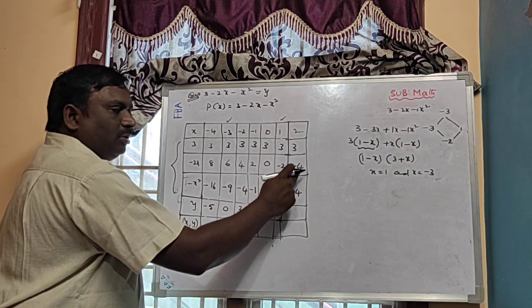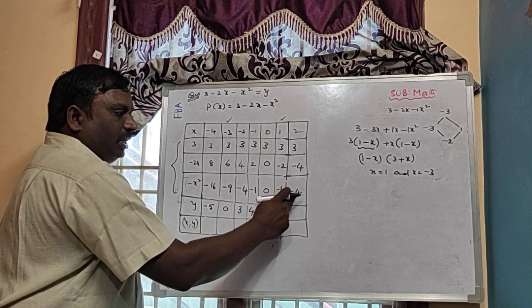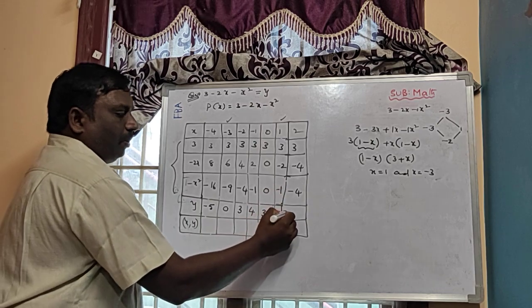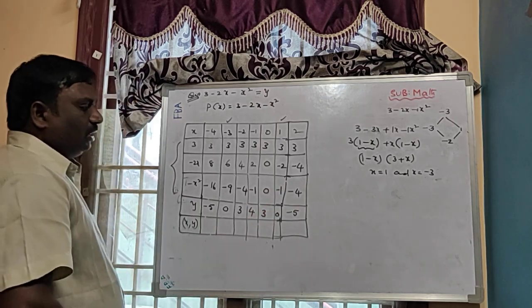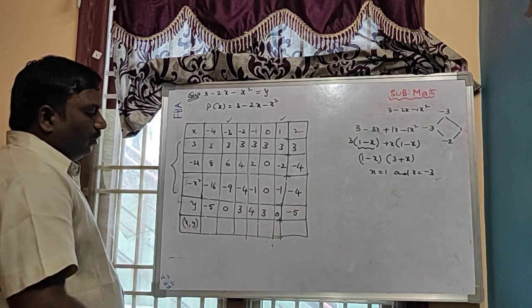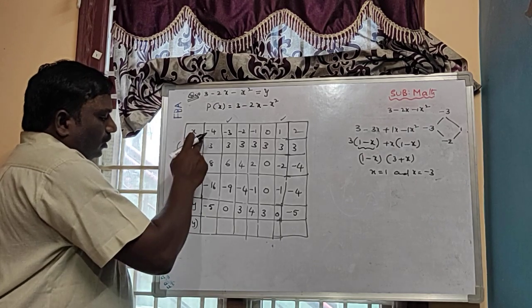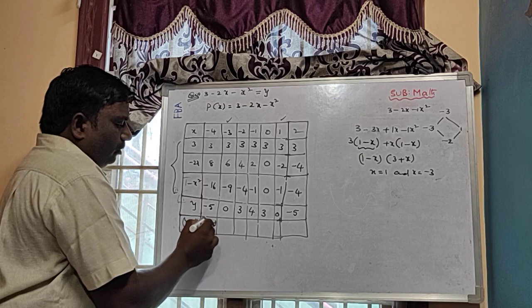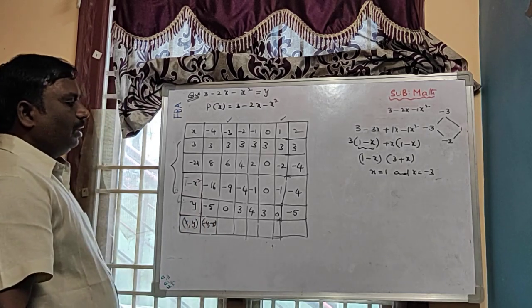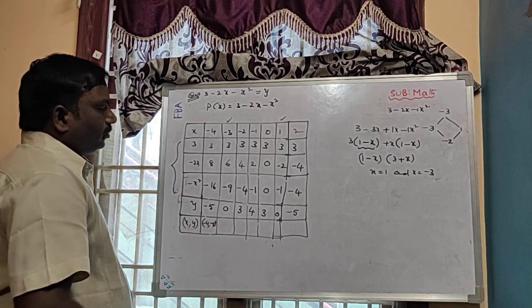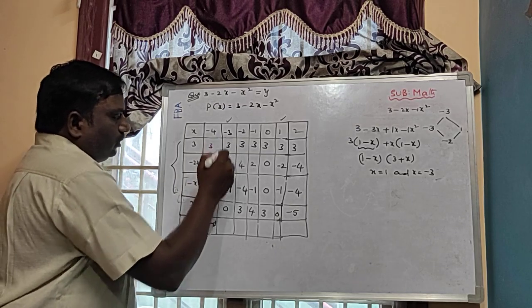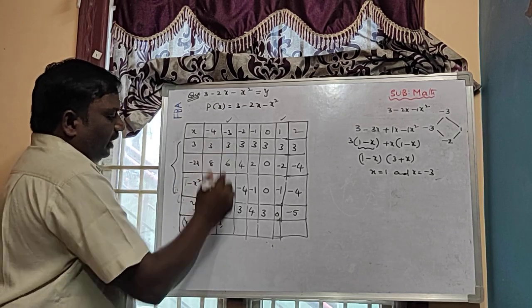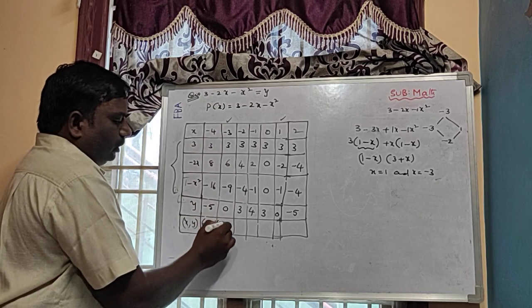3 minus 4, minus 1. Minus 1 minus 4, minus 5. So these are the values. Now, so x comma y points: minus 4 comma minus 5. Next, minus 3 comma 0.